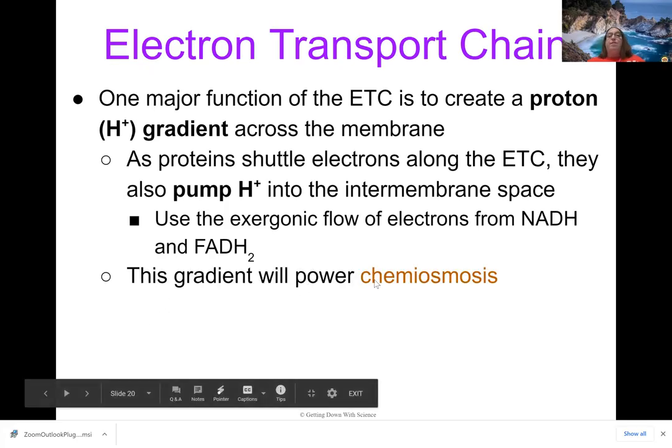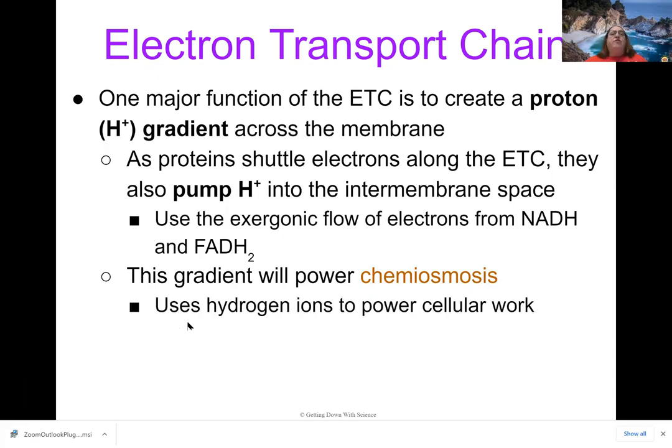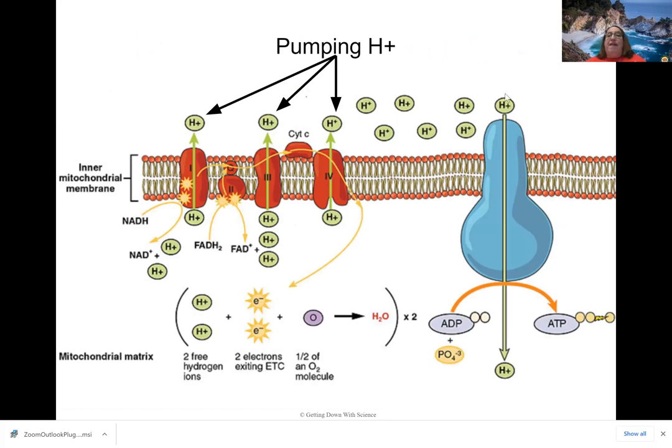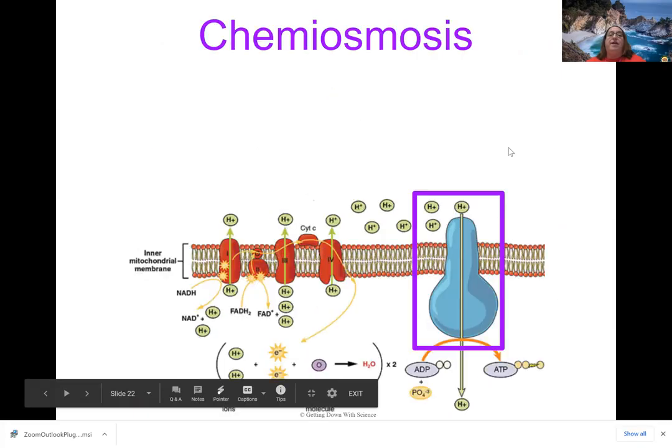This gradient powers chemiosmosis because we've got to have a gradient to have osmosis of any sort. We learned about that. So we're going to use those hydrogen ions to actually power this system. And so that's where our ATP synthase is going to come into play.